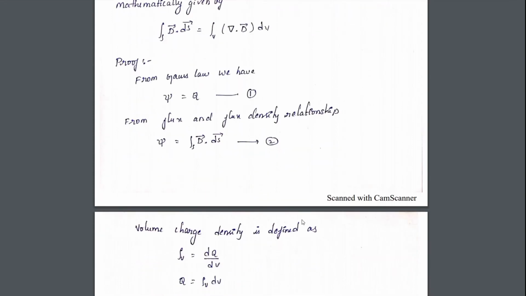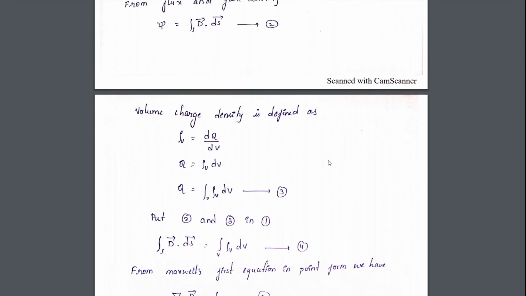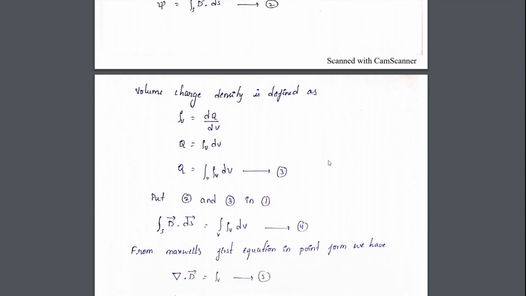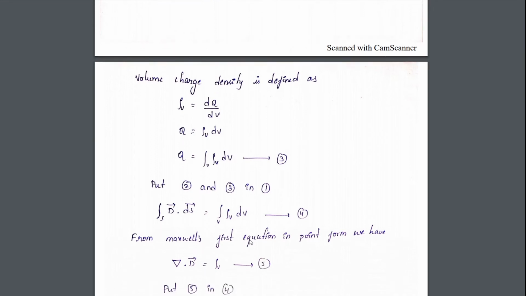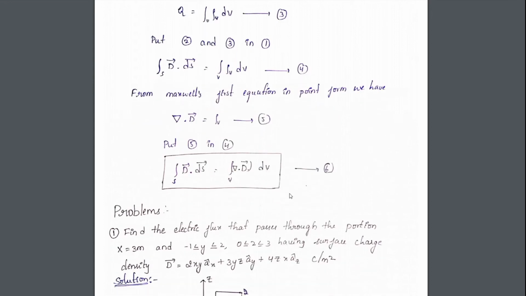Then you define volume charge density and find Q. Q is the volume integral of rho v into dV, that is the third. Substituting 2 and 3 back in 1 results in the fourth equation. And Maxwell's first equation in point form is del dot D equals rho v. Put 5 and 4 together and you get the sixth equation. This is the proof of the divergence theorem.